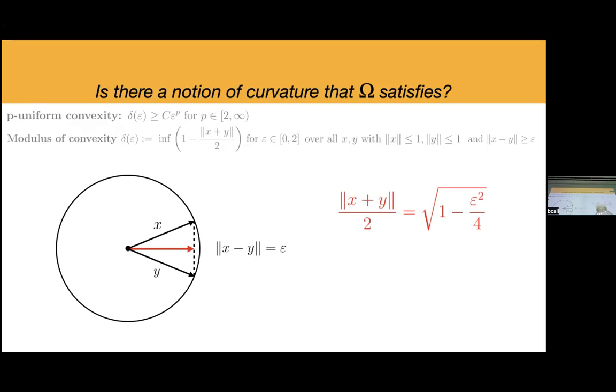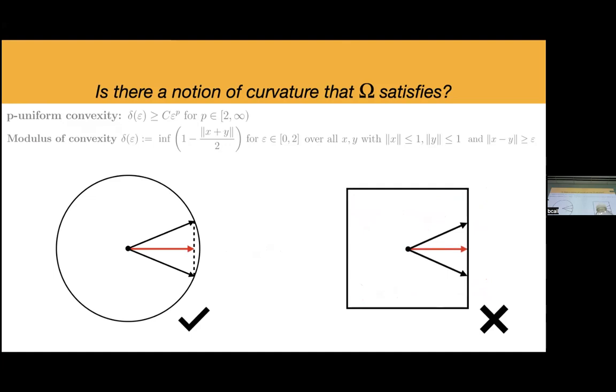So again, x is length 1, the little right triangle has side length epsilon over 2, and you can compute the red line. So you'll get this value. That's the length of the red thing, and we want to know how far away that is from the edge of the circle. So we do 1 minus that quantity, and that's our modulus of convexity there.